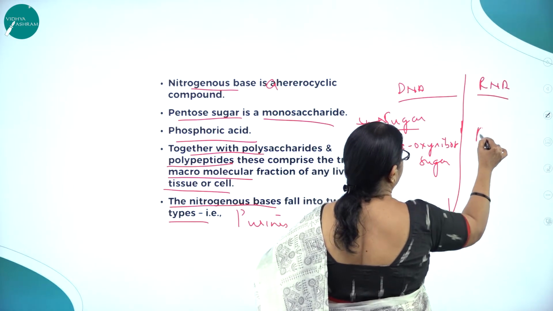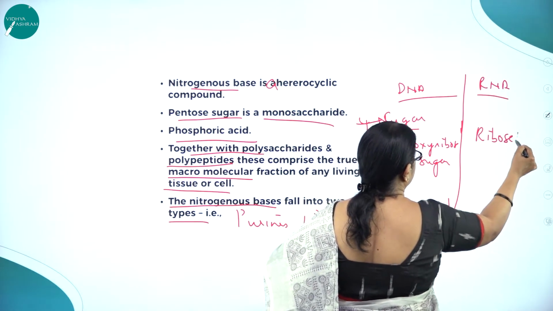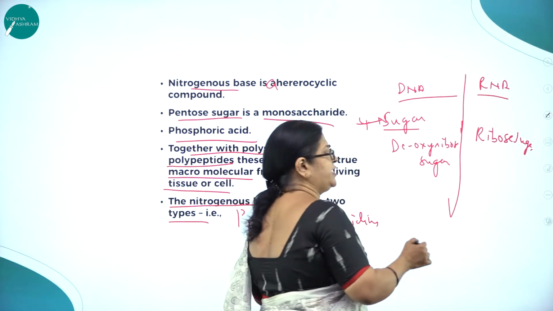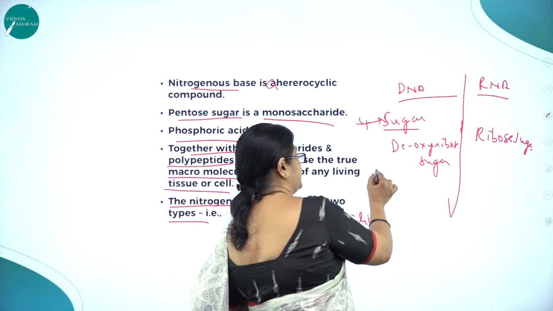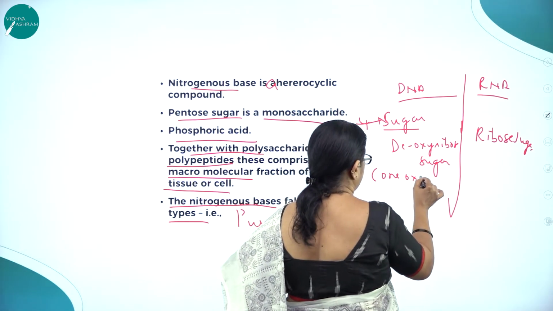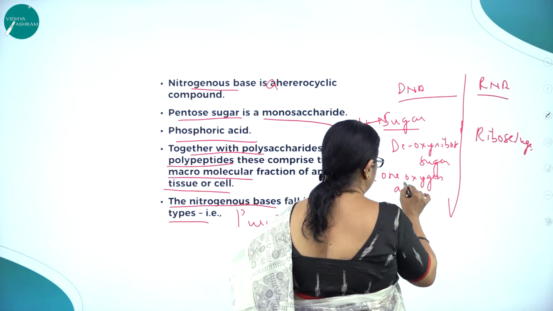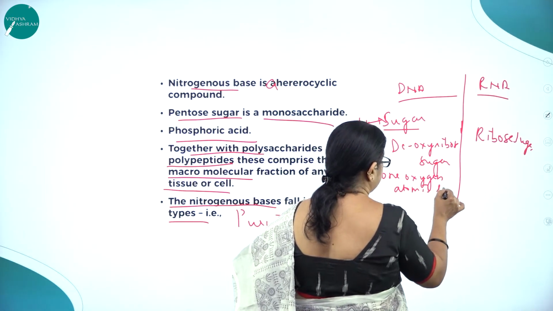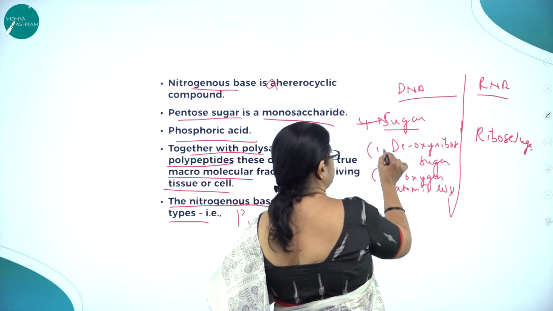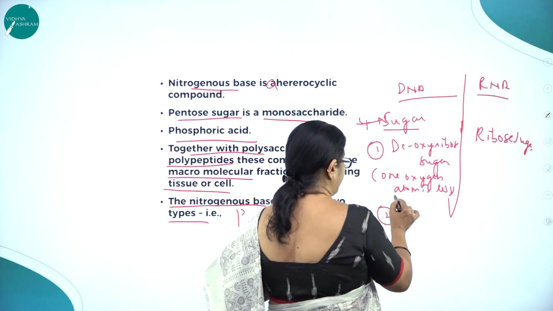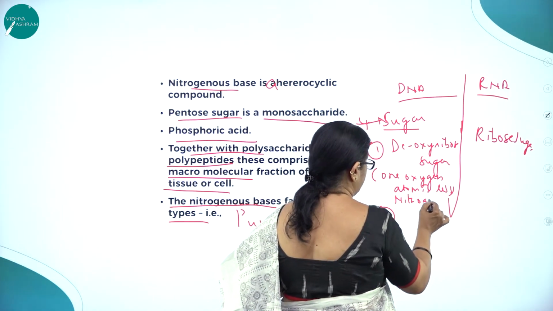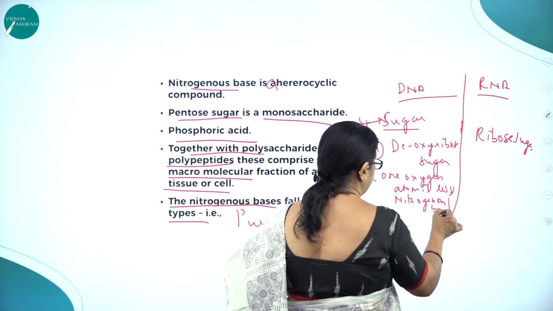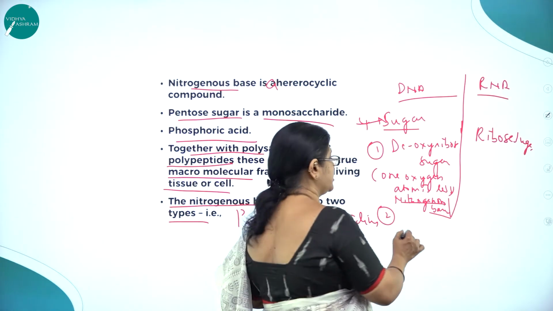Here it is made up of ribose sugar. So here one oxygen atom is less. This is the first composition. Then the 4 nitrogenous bases. So what are the 4 nitrogenous bases?